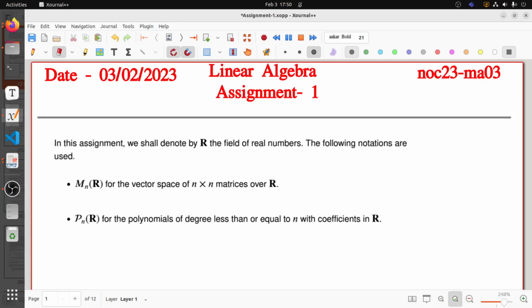You have to check whether u, which is given as 2 1 minus 2, belongs to the span of S or not, right? That you have to check. This is the same as asking: can we write 2 1 minus 2 as a linear combination of these two? That means a times 1 minus 1 1 plus b times 1 0 2 for some a, b, right? This you have to check.